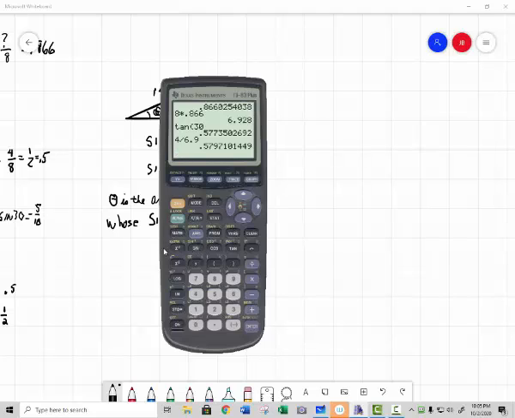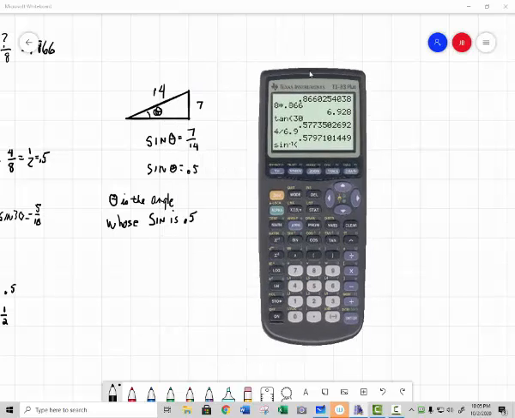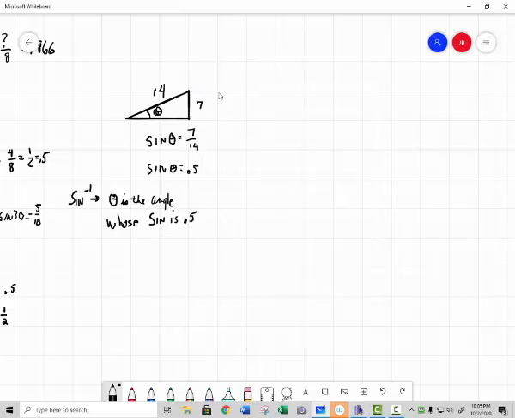If I do second sine, I get this little strange thing. I get sine inverse. Well, sine inverse means theta is the angle whose sine is 0.5. So let's try it and see.